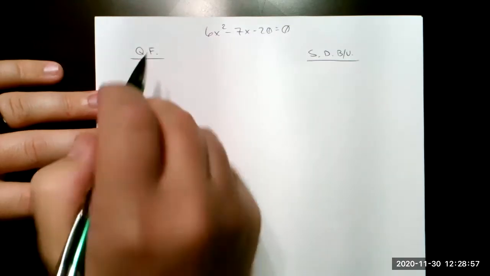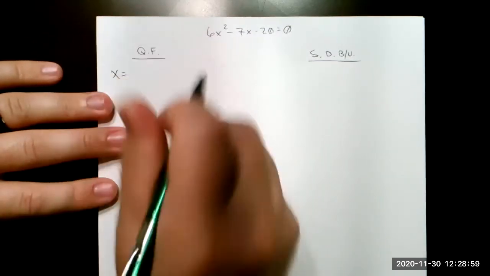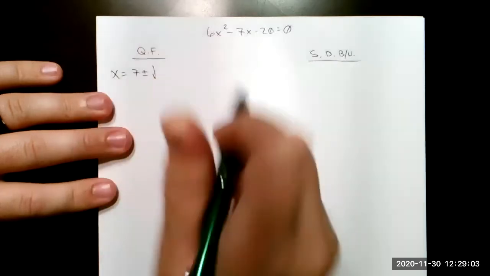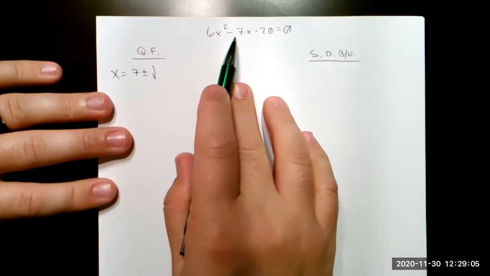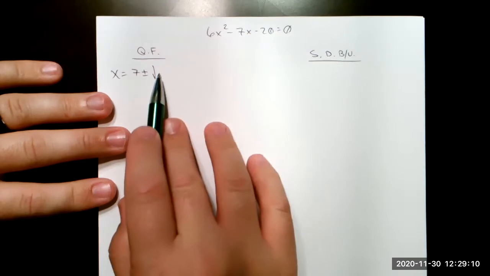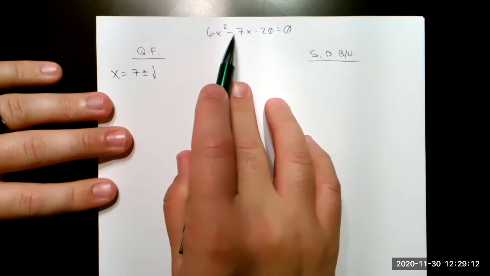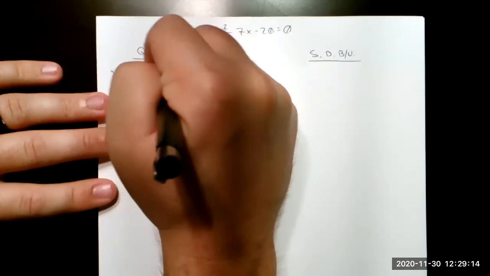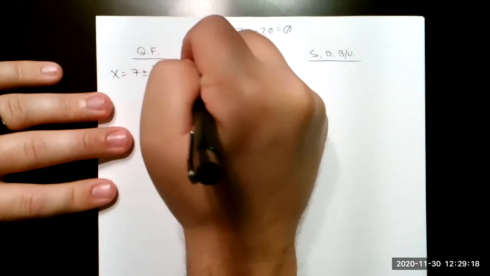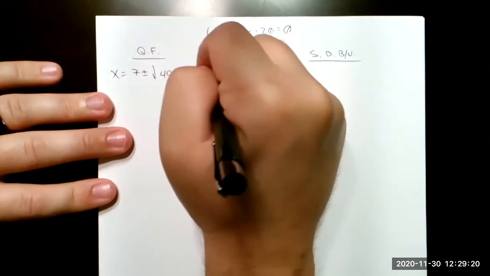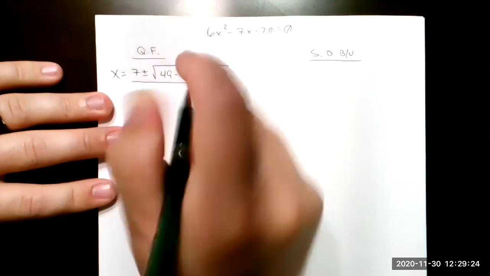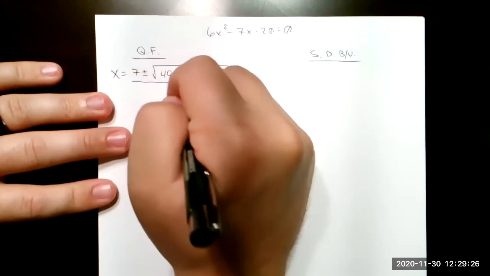Okay, so quadratic formula, x equals the opposite of b plus or minus the square root of b squared. So I'm not going to put -7 squared, I'm just going to go ahead and do it. So b squared, -7 squared is 49, minus 4 times a times c, all over 2 times a.